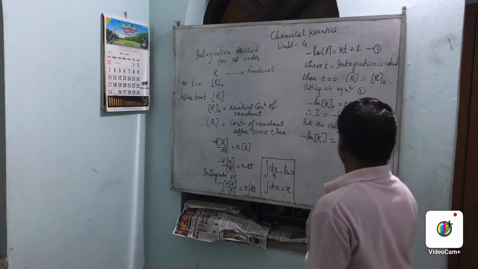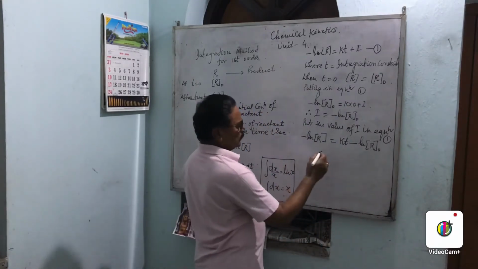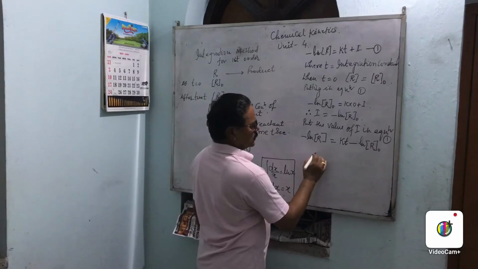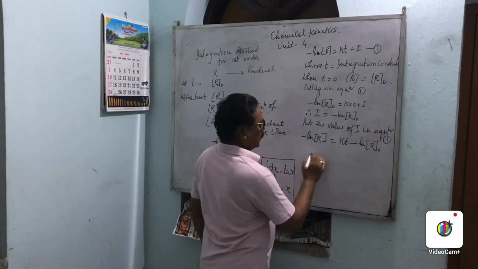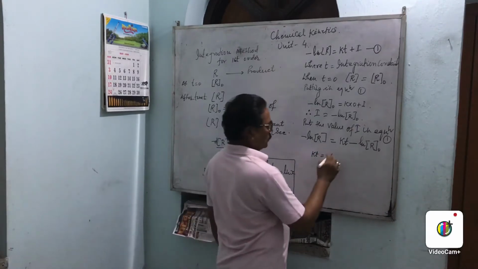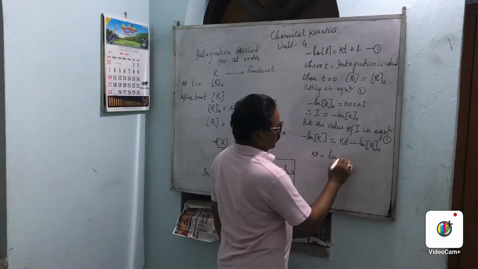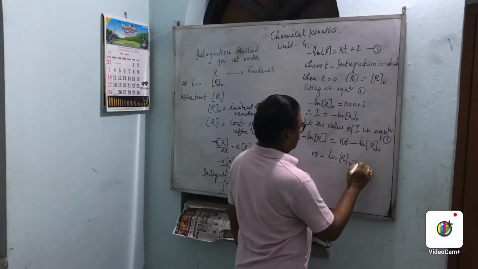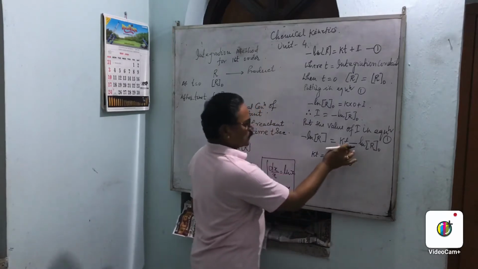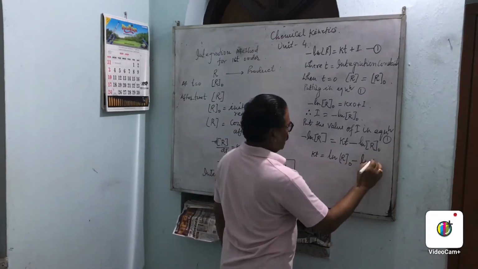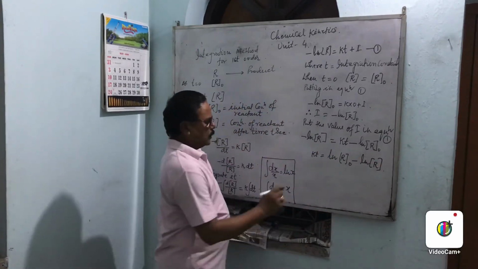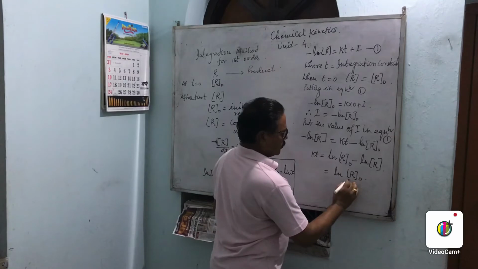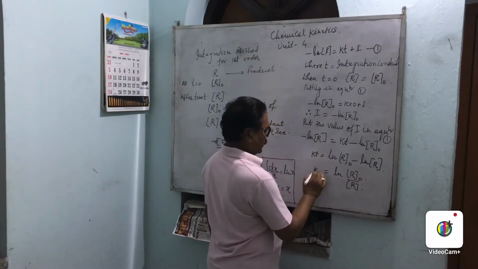So kt is equal to ln R naught minus ln R. So this can be written as ln R naught by R is equal to kt.